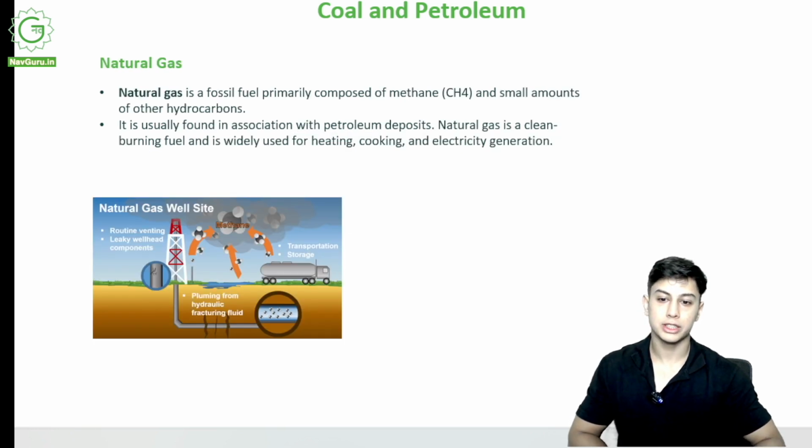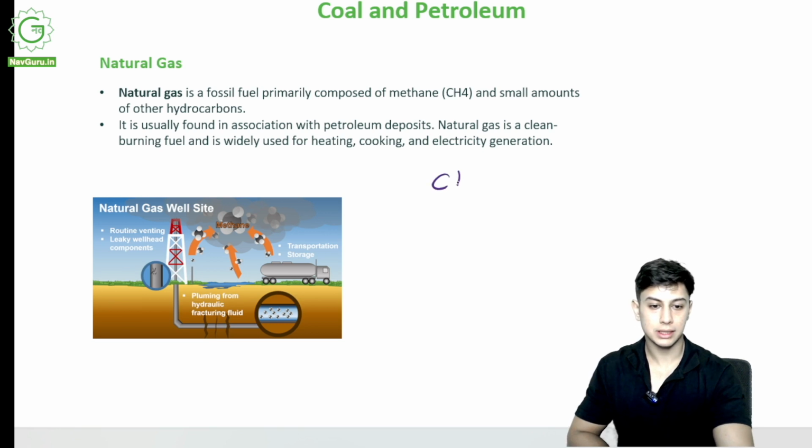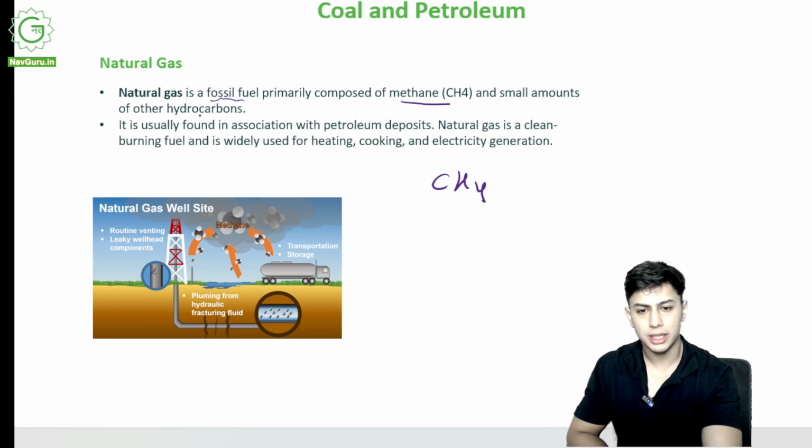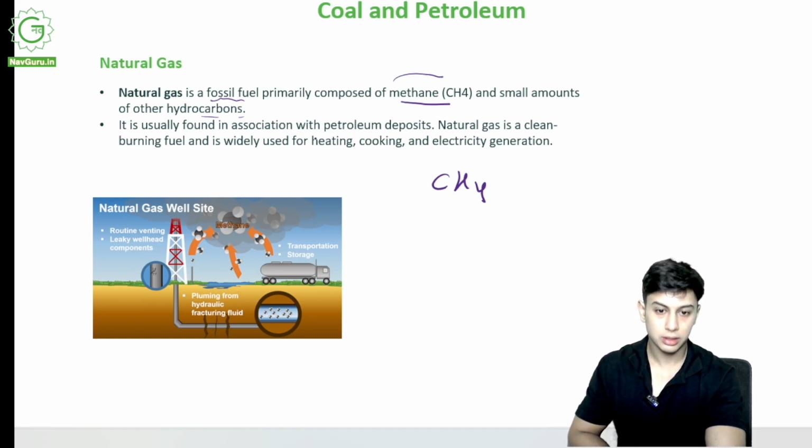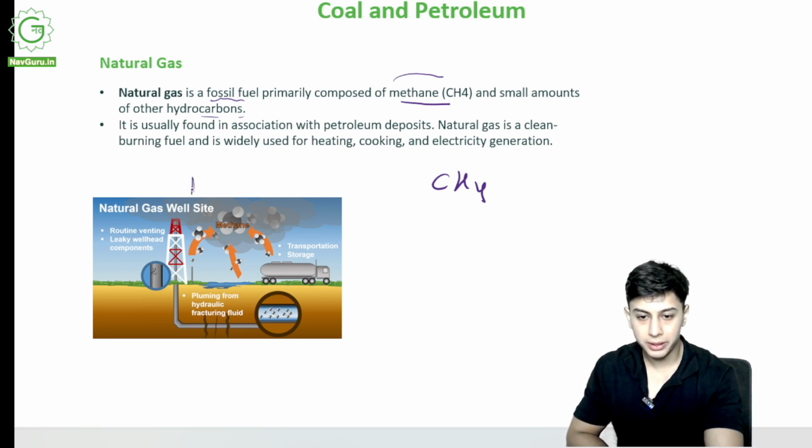Now we come to natural gas. I told you what natural gas is, CH4. It is a fossil fuel primarily composed of methane and small amounts of other hydrocarbons as well, but mainly methane. It is usually found in association with petroleum deposits. So if there is a petrol deposit, there will be natural gas over it or under it somewhere.